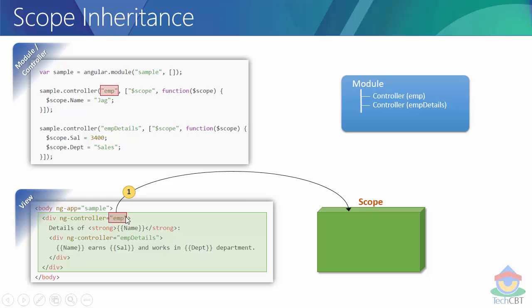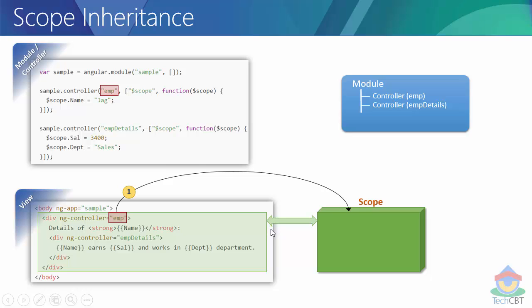So the first step is that as we are referring to EMP, even before going to the EMP controller, the first thing it does is create the scope object itself. Once the scope object has been created, it will be attached to the same div block. As you know, scope always sits at the DOM level. So once the scope has been created, it will be associated with the respective DOM element at the browser level itself.